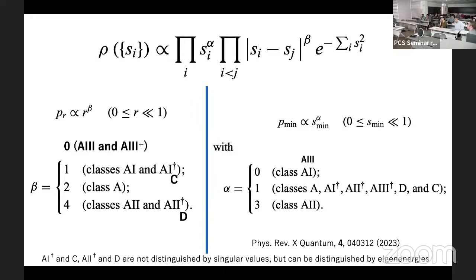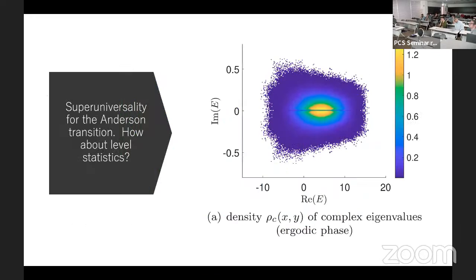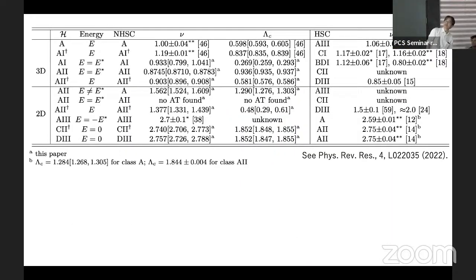And in fact, looking at this correspondence, there are cases such as BD1. In the Hermitian system, we have two different exponents, depending on whether it is topological or non-topological.